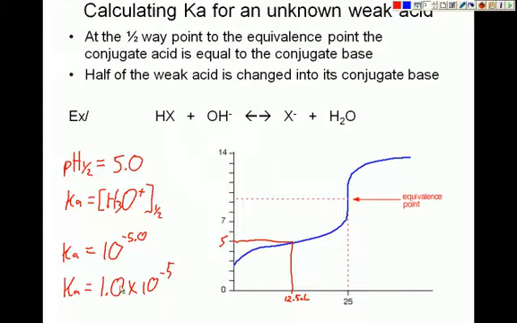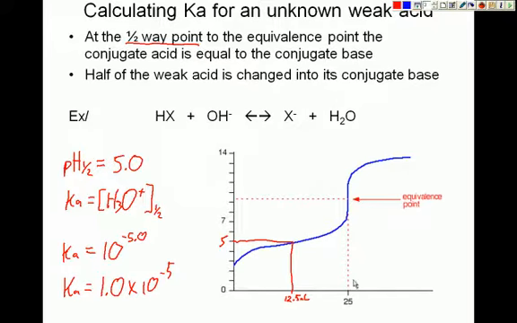Now, when we talk about the halfway point, there's a big distinction. It does not mean halfway on the y-axis. It means halfway on the x-axis.